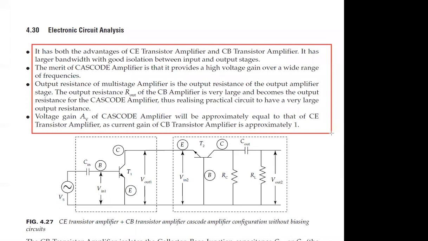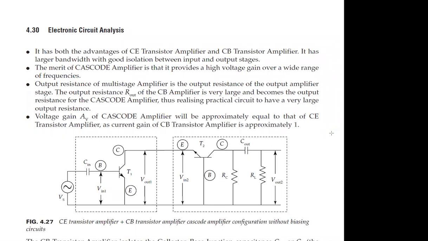Similarly, output impedance considering the load, RL. These are the parameters. And the characteristics we have mentioned can all be verified by two-port analysis, that is, by h parameter analysis of the two-stage configuration.